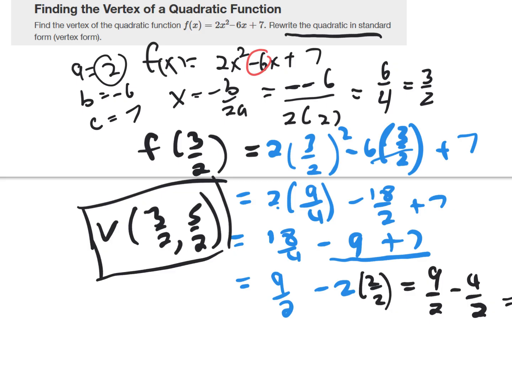I say I already have the A because here goes. Why am I telling you this? F of x has to be A times x minus h all squared plus k. So here's my h, here's my k.